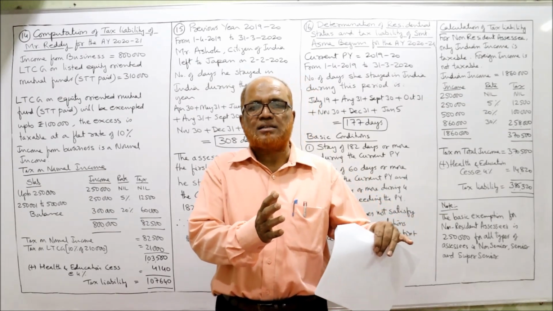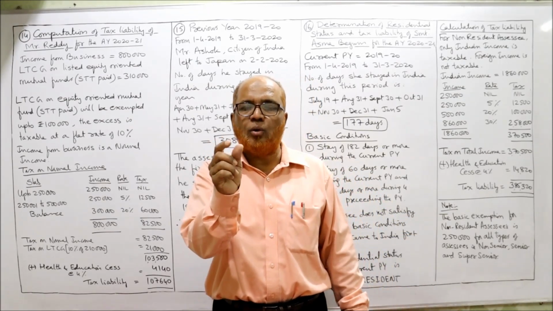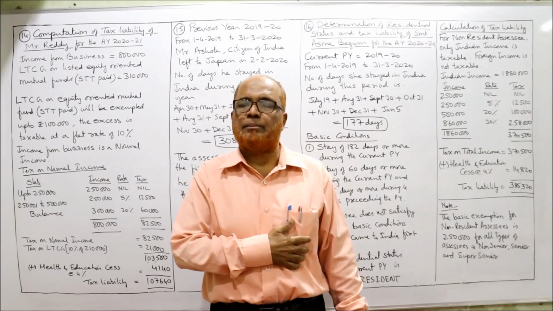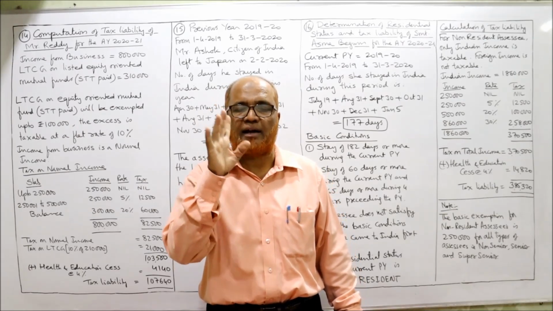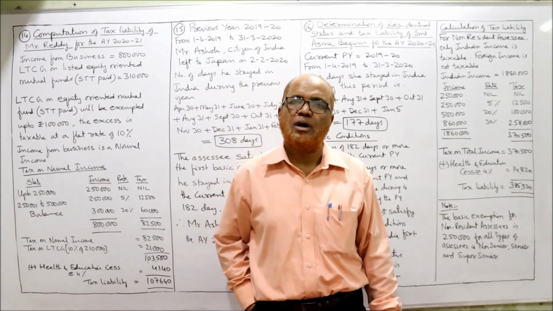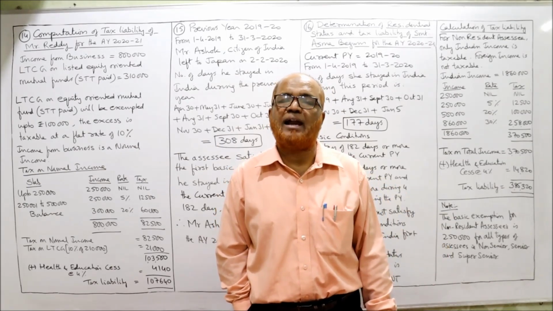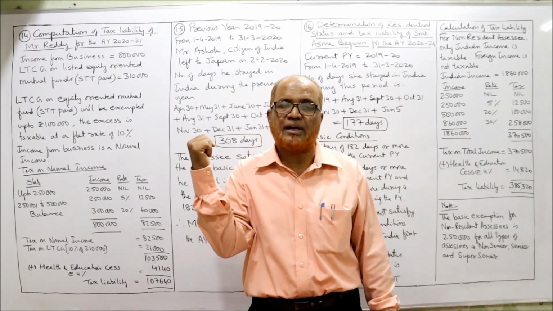The Income Tax Act says if an assessee has sold equity-oriented mutual fund units and earned long-term capital gain, that will be exempted up to rupees 1 lakh. The excess is taxable at a flat rate of 10%. This is the new provision. First time we are coming across it.